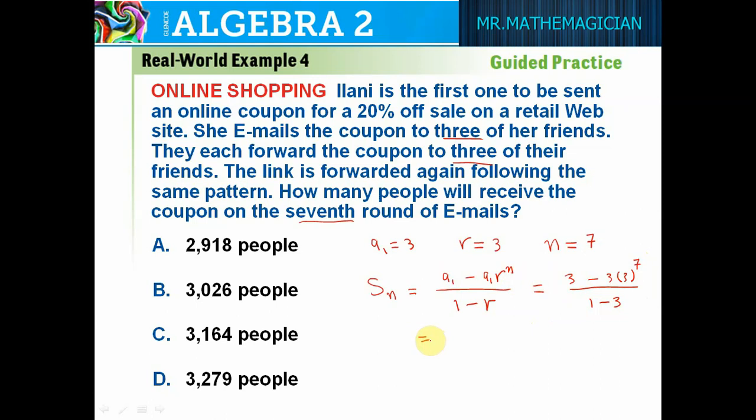Evaluate using a calculator and you will find 3,279 people.